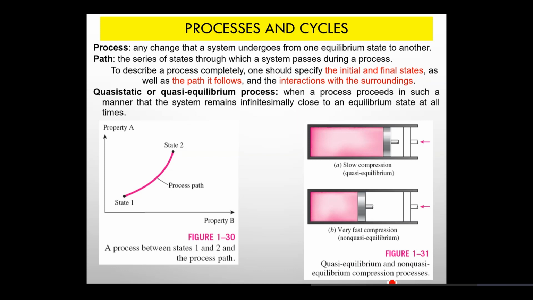This fast compression is a non-quasi-equilibrium or non-equilibrium process that cannot be represented on the path, because you are not aware, while moving from state 1 to state 2, which path your system followed, because maybe half of the system was in this region and half of the system was in that region when you had applied sudden pressure. So you are not aware of the exact path the system followed as it moved from state 1 to state 2. Clear enough? All right.